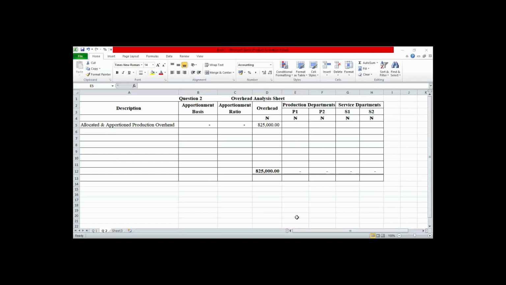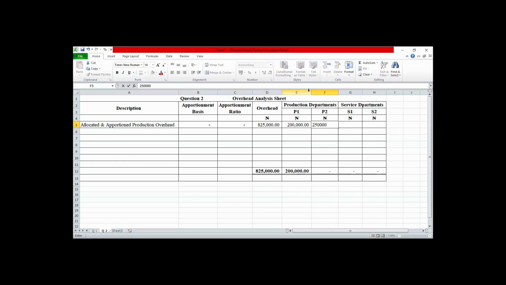Under each, the first one is what? Under P1, 200,000, sir. Under the next one, 250,000. The next one, 195,000.